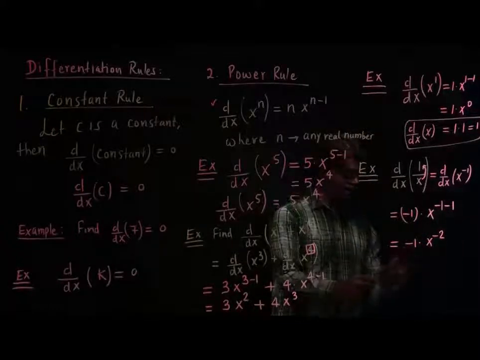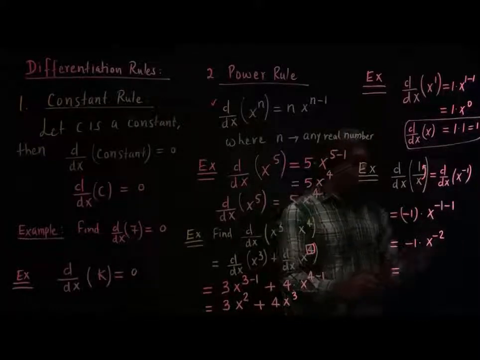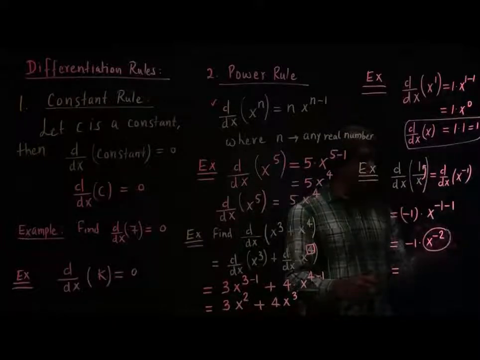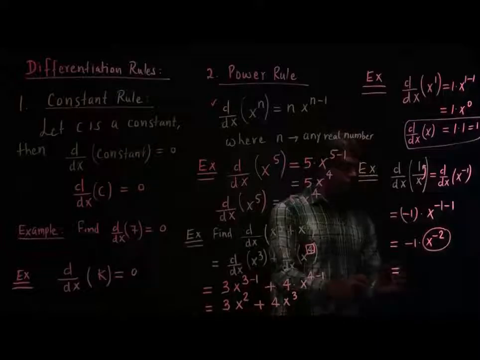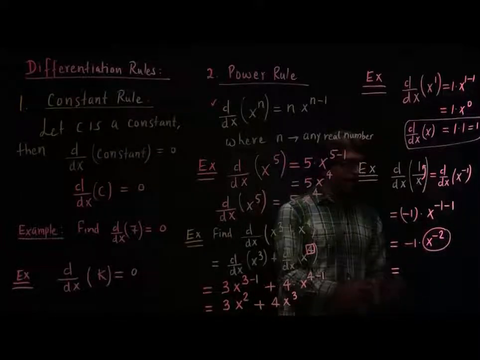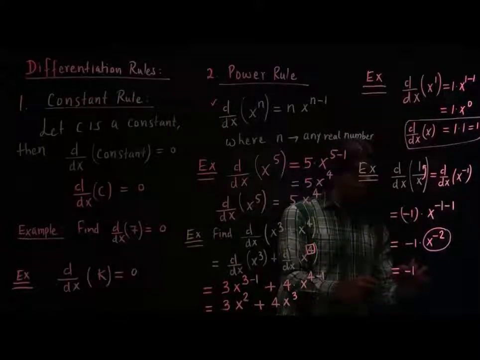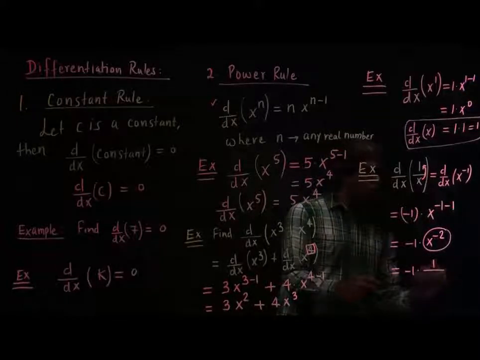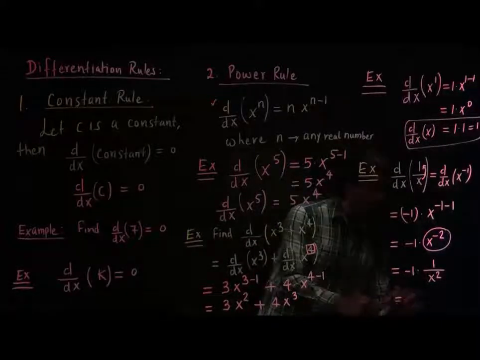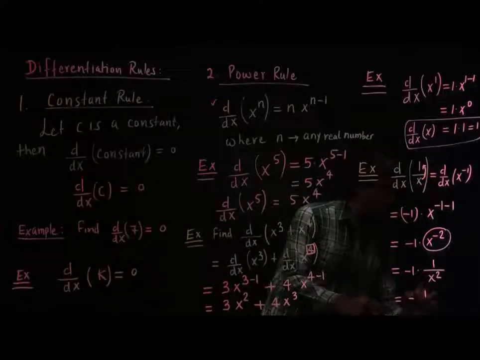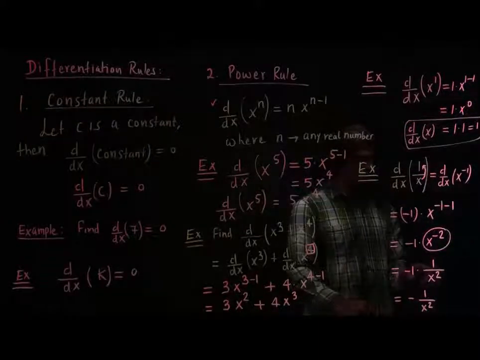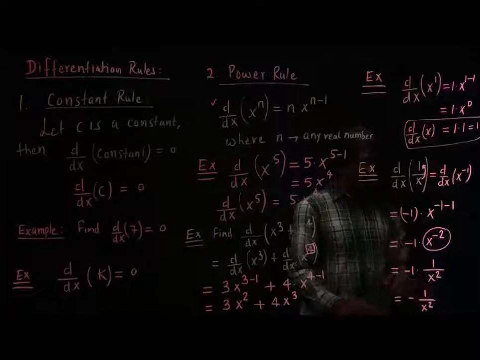So let's simplify further, and if I do that, I will take this x to the power negative 2 to the denominator, because I don't want to leave my negative exponent like that. So if I do that, I have negative 1 times 1 over x squared. Let's simplify further, and I have negative 1 over x squared, because negative 1 times 1 is negative 1 over x squared.